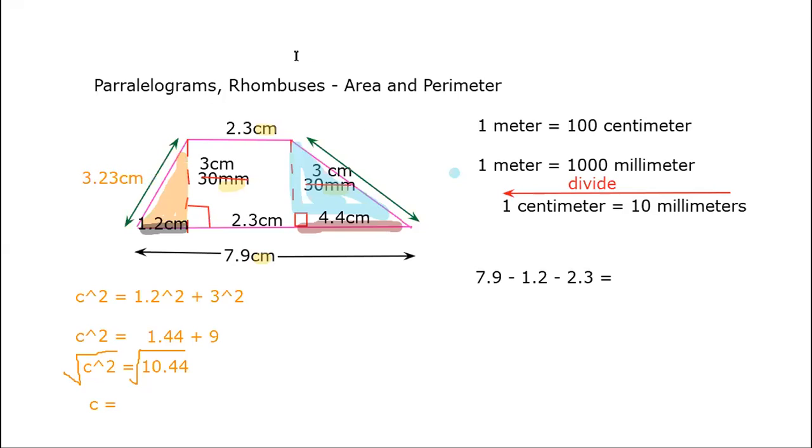Same process for the blue triangle. So we have c squared equals a squared plus b squared, just Pythagorean theorem. One of the legs is 4.4. That's that bottom piece. And the height is still 3 squared. That's our other leg. It's the same height as the other triangle. So c squared equals 4.4 squared plus 9.